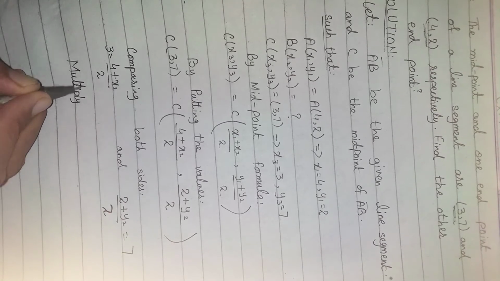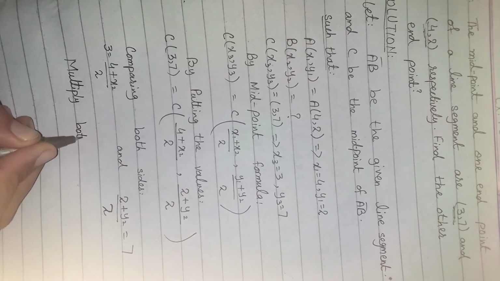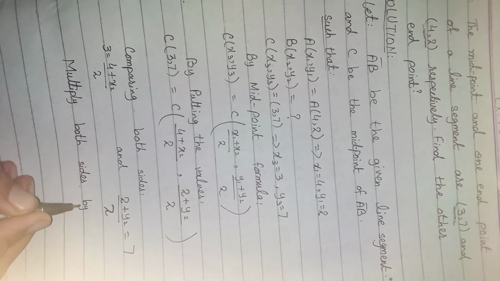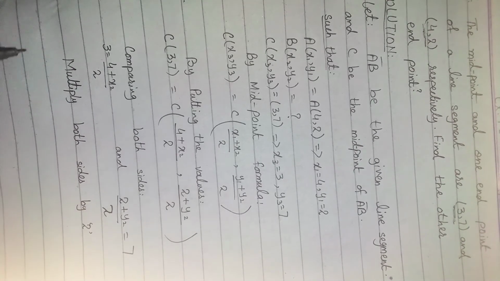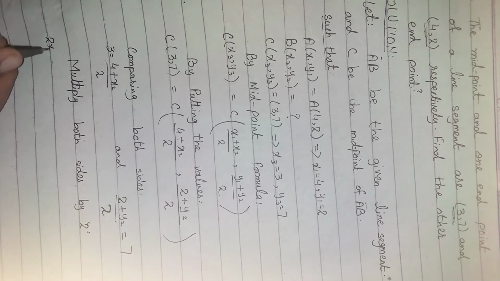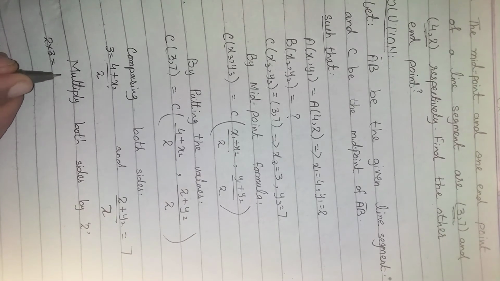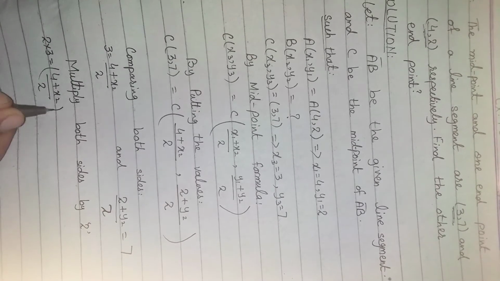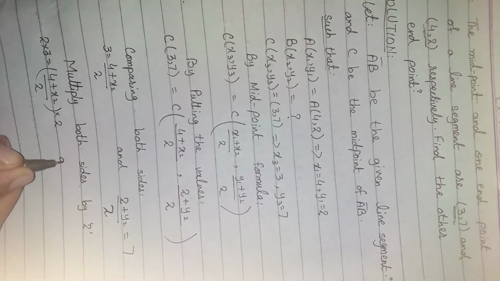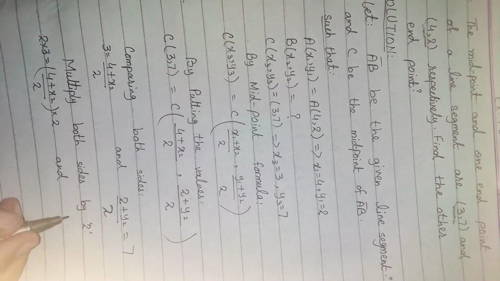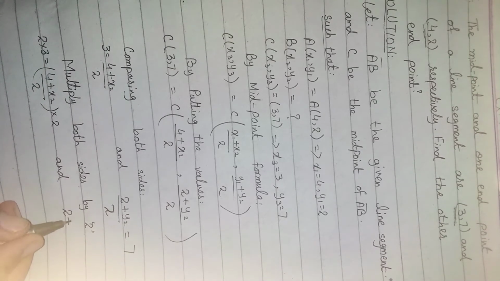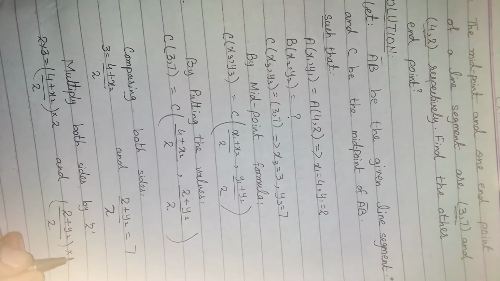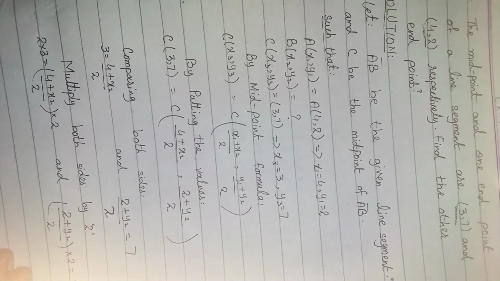we will get 2 multiplied by 3 is equal to (4 + x2) divided by 2 being multiplied by 2. And similarly on the other side, we will do the same process, that is (2 + y2) whole divided by 2 will be multiplied by 2 and 7 will also be multiplied by 2.